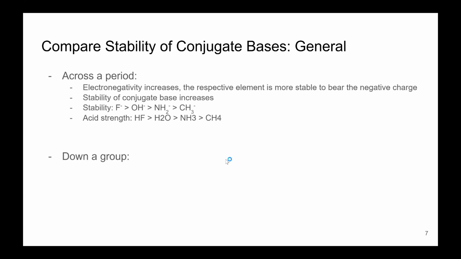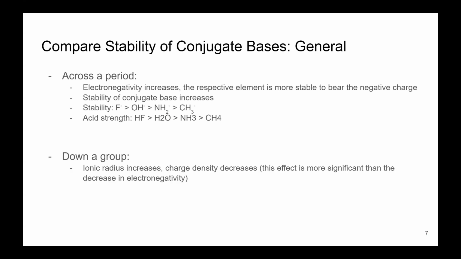Now, having talked about what happens across a period, let me address what happens down a group. Down a group, the electronegativity of the element actually decreases. And does that mean that the acid will be weaker and weaker? Well, down a group, the really significant factor here is that the ionic radius increases and the charge density decreases.